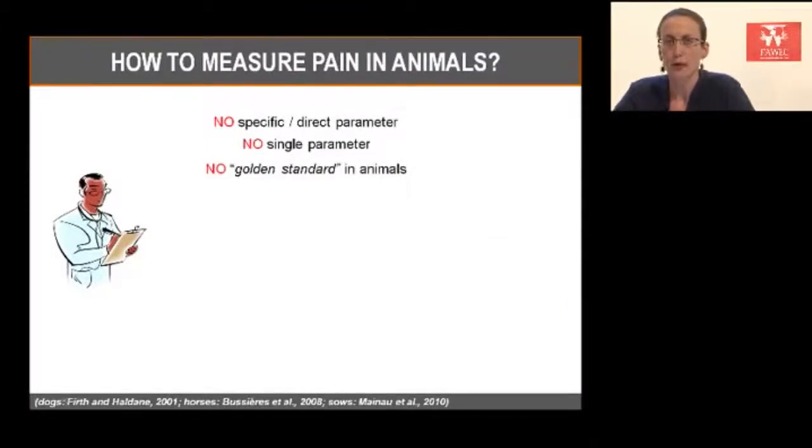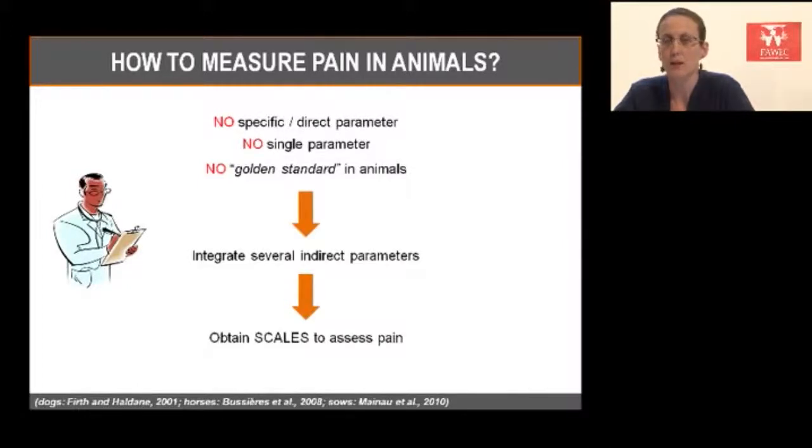It's known that there isn't any specific or direct parameter, there isn't any single parameter that indicates pain in animals, and also in animals we don't have a gold standard. So the idea is that we have to integrate several indirect parameters, and in this way we can obtain different scales in order to assess pain.